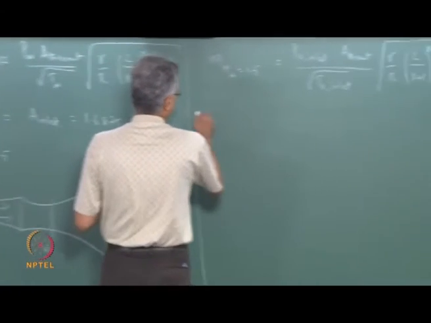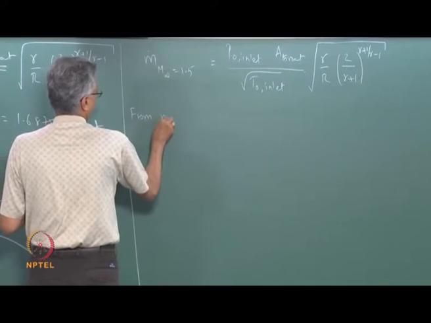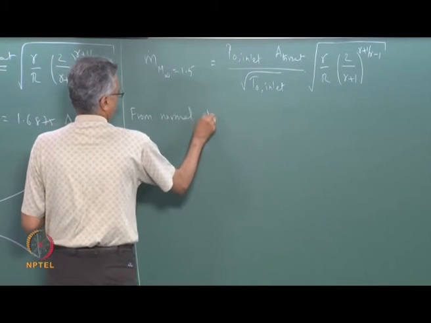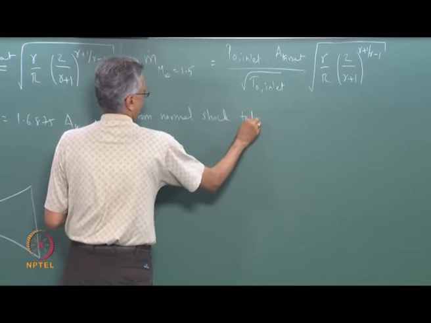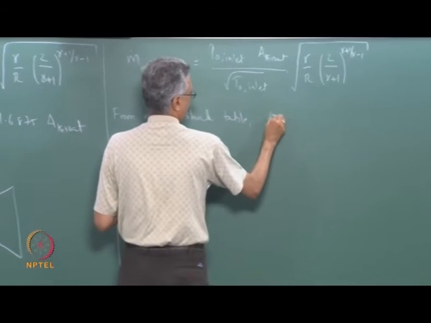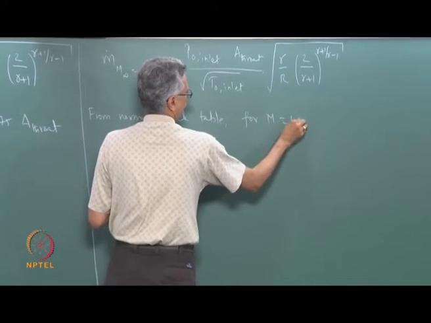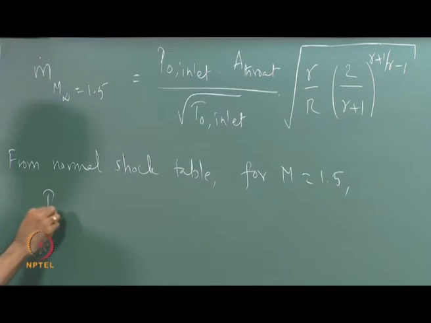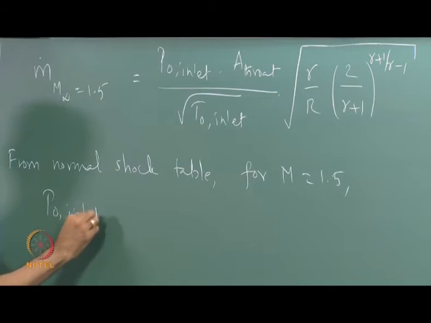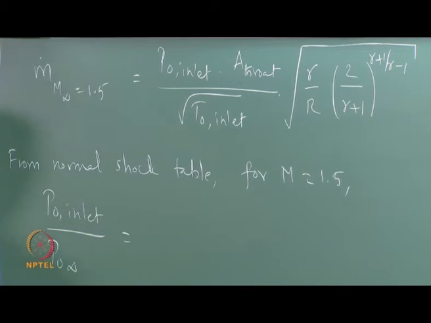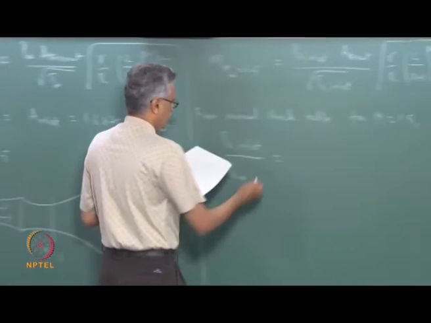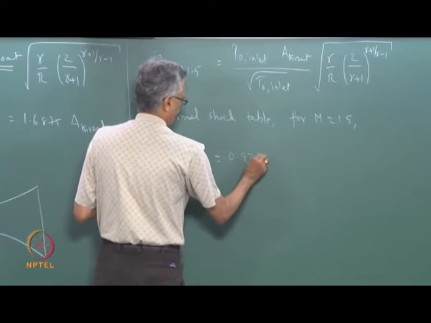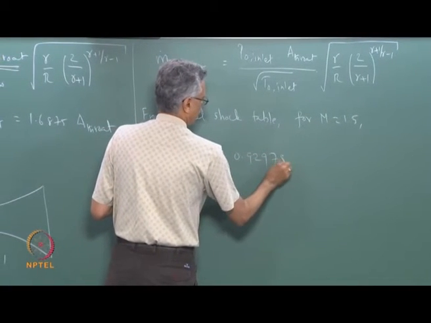So, from the normal shock table, for M equal to 1.5, we have P0 inlet, which is after the shock wave, divided by P0 infinity, which is the stagnation pressure ahead of the shock wave. Right? The ratio of stagnation pressure comes out to be 0.929787.